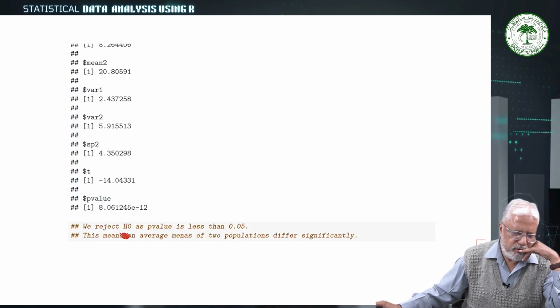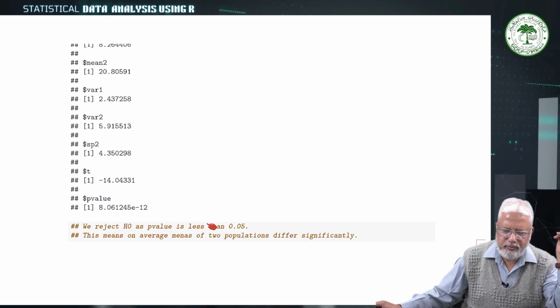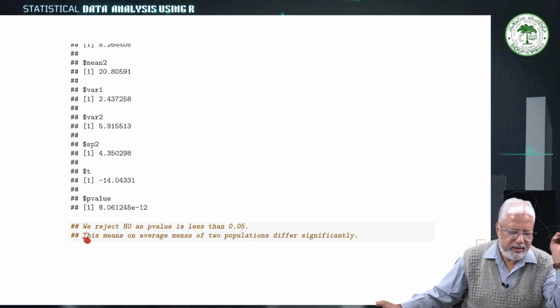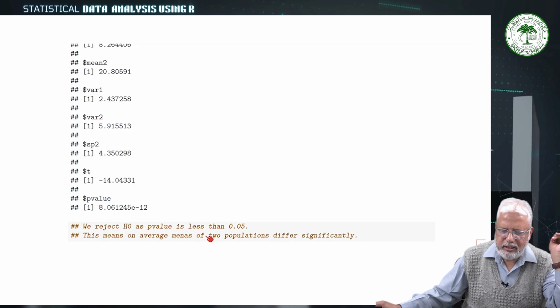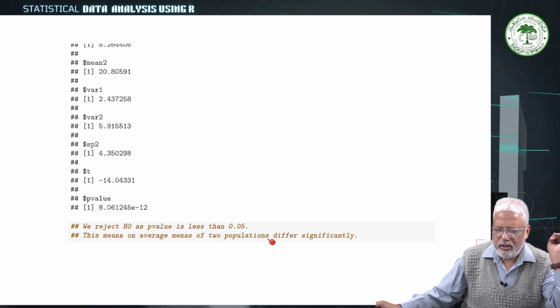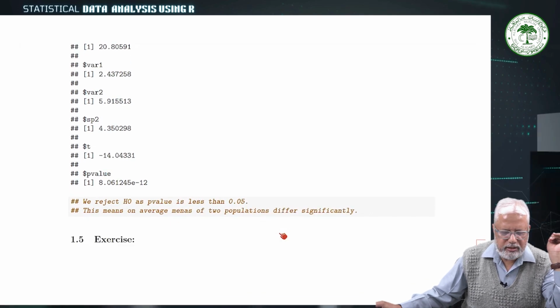Thus we reject H naught as the p value is less than 0.05. This means on average the means of the two populations differ significantly.